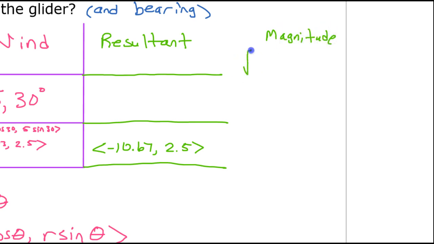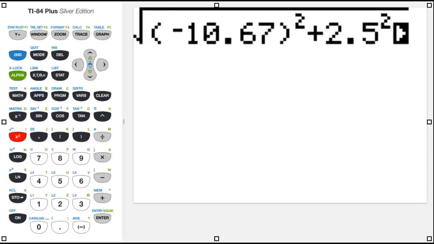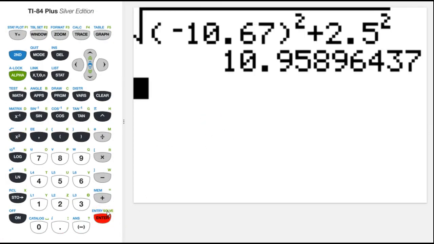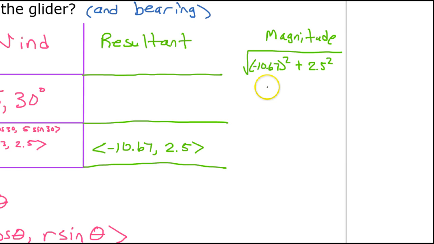You just do the square root of negative 10.67 squared plus 2.5 squared. I'm just going to put this in my calculator. So here I've typed it into the calculator. Alright, so the magnitude is 10.96. Okay, so 10.96 miles per hour.